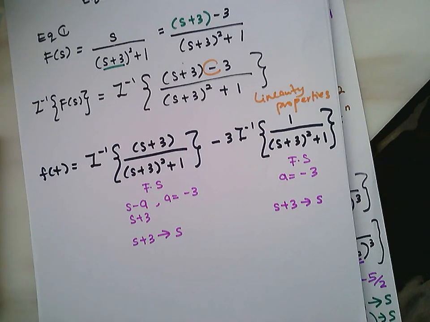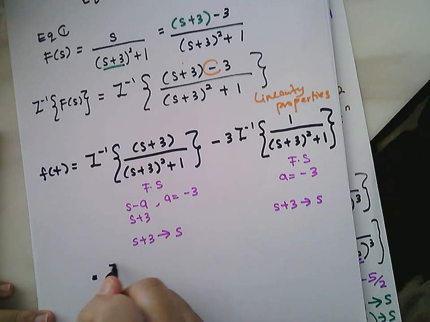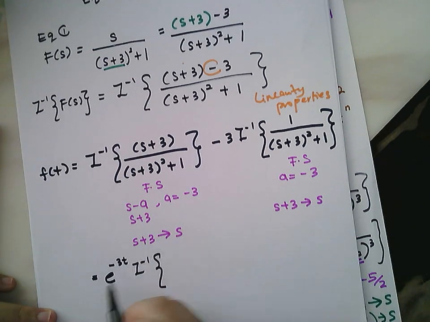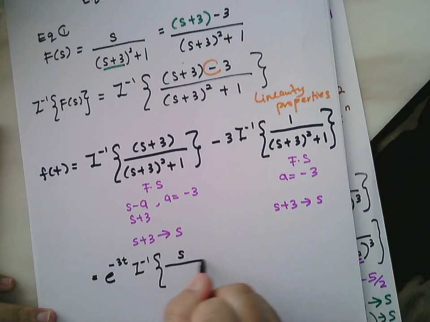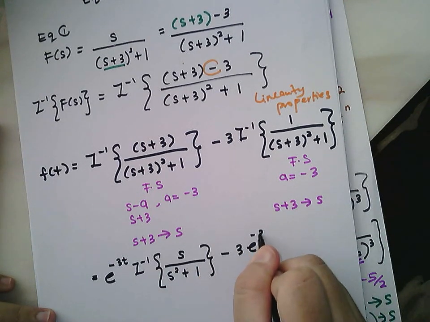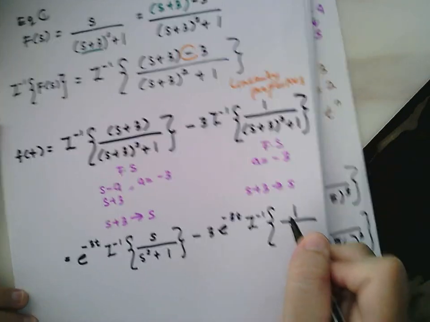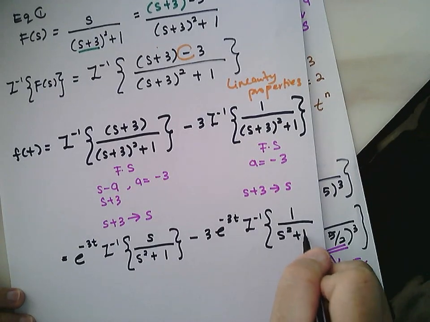Therefore this one is equal to e to the power of negative 3t, because e to the power of at, so a is negative 3, times the inverse of, when you have the exponent, replace s plus 3 by s, so you will have s over s squared plus 1, minus 3 e to the power of negative 3t times the inverse of 1 over s squared plus 1.